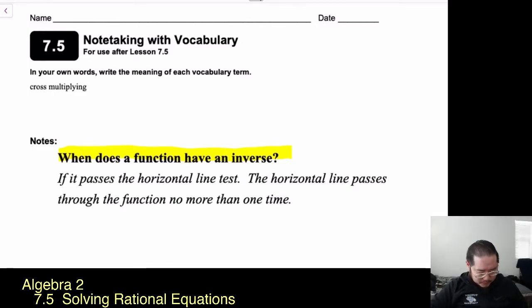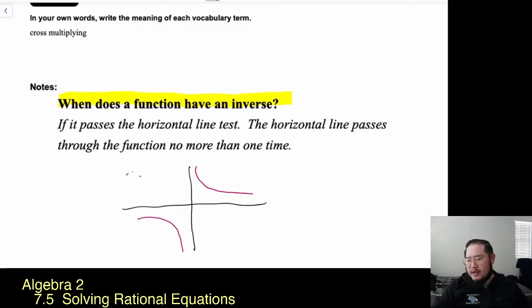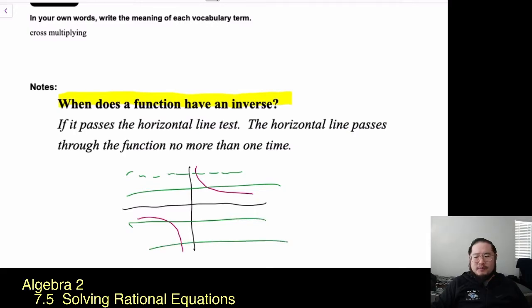So that's why when we took a look at our function, our hyperbola, when we have something like this, our branches pass the horizontal line test. It's not going to go through it any more than one time. So therefore, we know that there is an inverse right here. And remember, the inverse happens to reflect across y is equal to x.